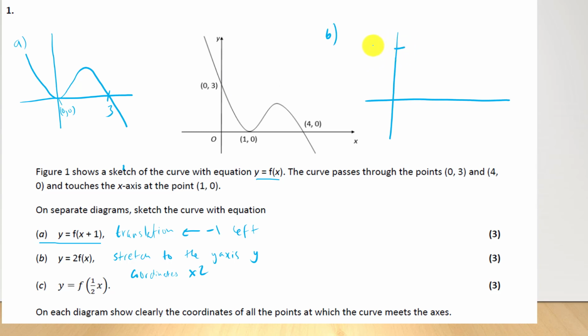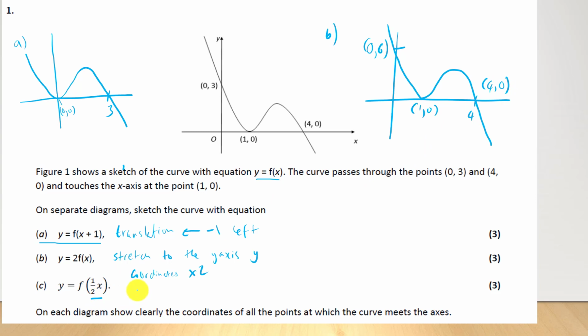So that will be 6. The y is 0 here, y is 0 here, so it will stay the same. That's (1, 0). You can say that's 4 or (4, 0). That will get you your 3 marks.